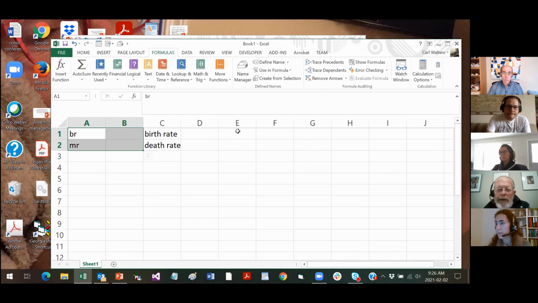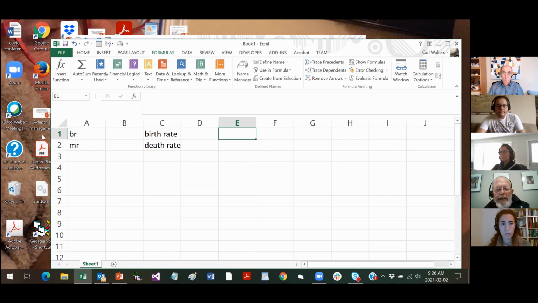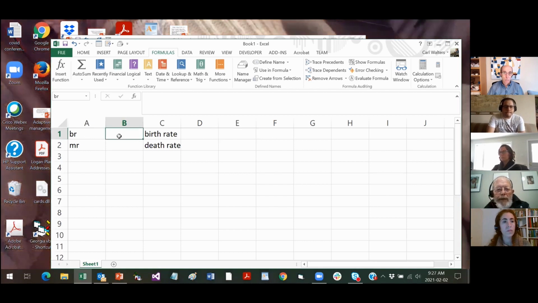So now if I click on a cell like E1 here, Excel tells me up here which cell I'm looking at. If I click on the cell that I just named, B1, Excel says, oh yeah, I know that cell. It has a name called BR.